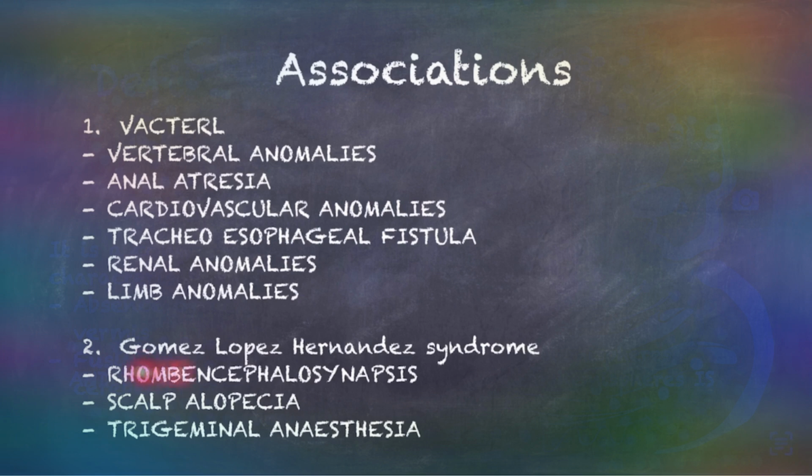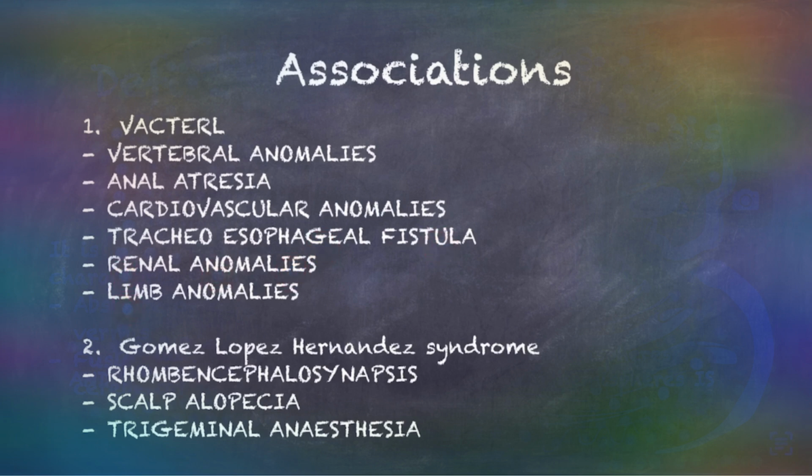Now coming to the associations. You have to remember two associations. The first one is VACTERL and the second one is Gomez-Lopez-Hernandez syndrome. VACTERL is a mnemonic which means vertebral anomalies, anal atresia, cardiovascular anomalies.